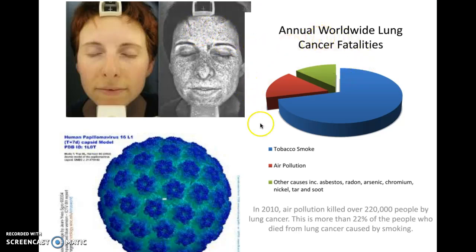Here's also a picture of how many cancer fatalities. Cancer, we know, is often uncontrolled cell growth, which is often because of a mutation that occurs in a certain gene that is really important for regulation of the cell cycle, or mitosis. So tobacco, air pollution, and other nasty things can sometimes lead to mutations that can lead to cancer.